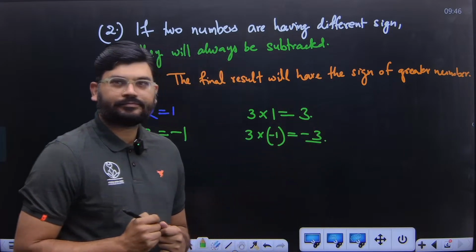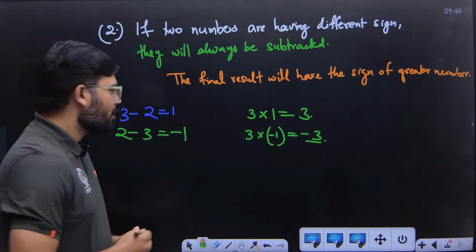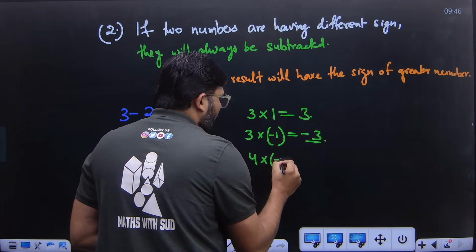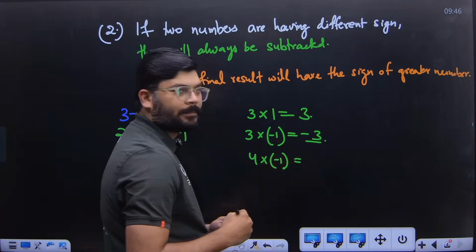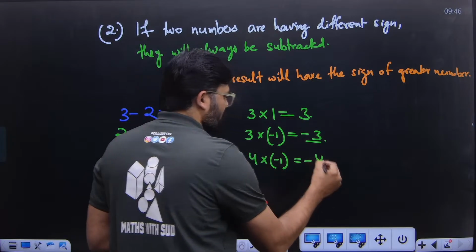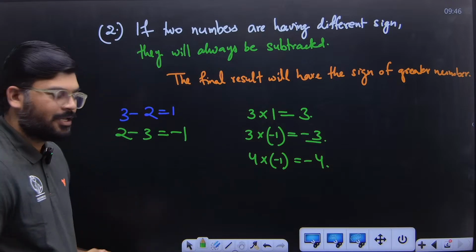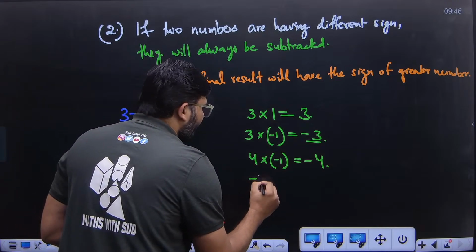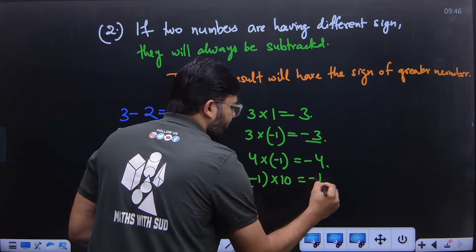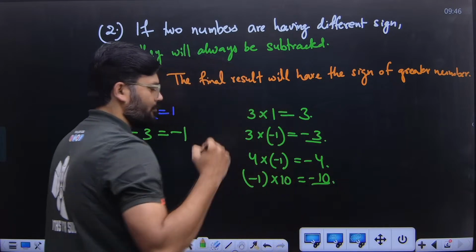So tell me, if you multiply 4 by negative 1, what you will get? Negative 4. Yes. If you multiply negative 1 by 10, what you will get? Negative 10.